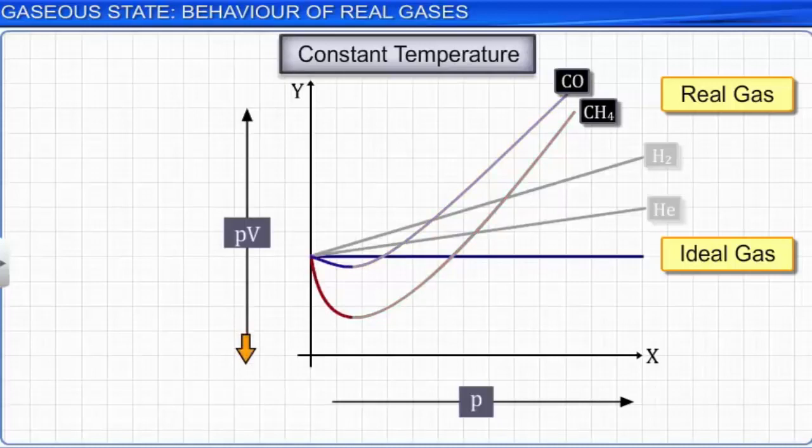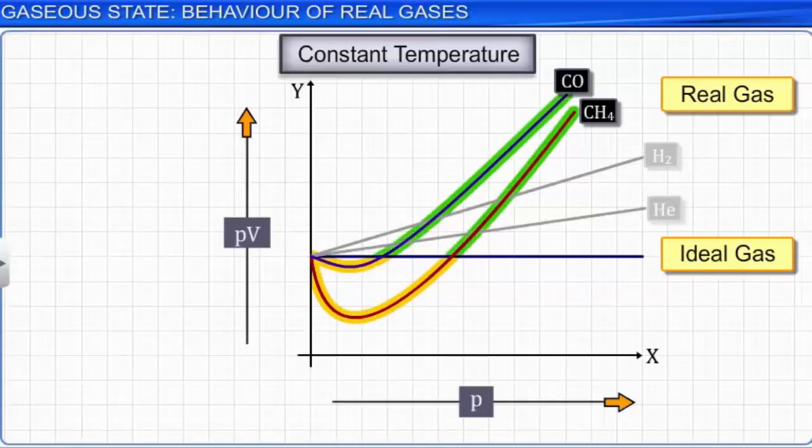Then, this value increases with the increase in pressure so that it crosses the straight line of the ideal gas. Thus, a negative deviation is observed initially in the curve, followed by a positive deviation as shown in the graph.